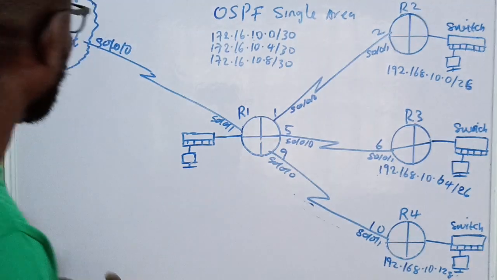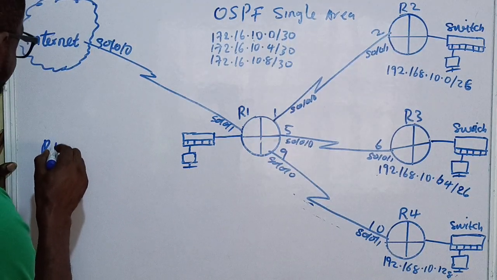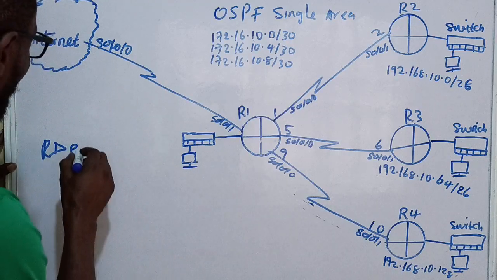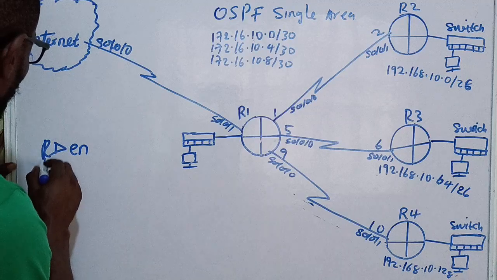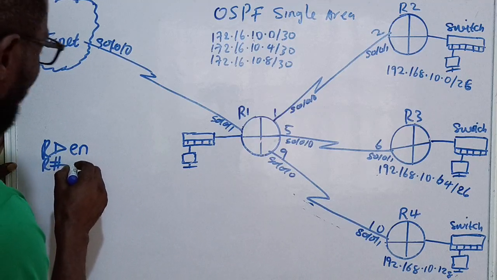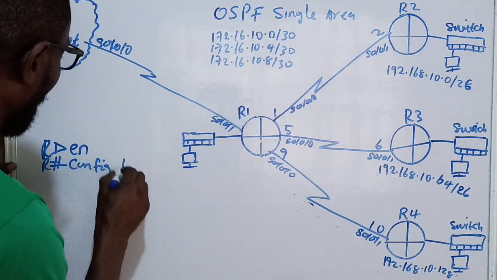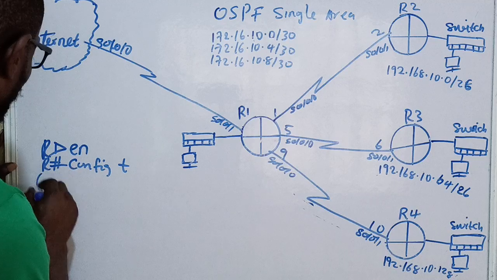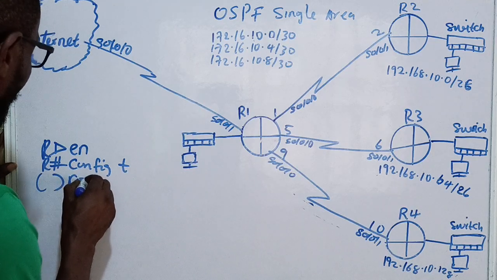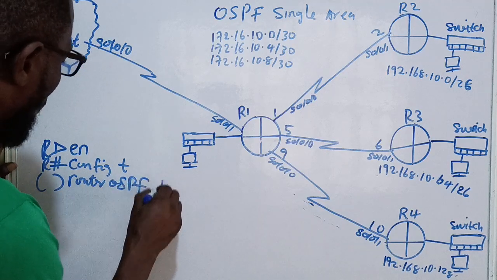And I'll start now. This is the router's user mode. Enable, to come to privilege mode. Configure terminal, or config t for short. You click enter to come to global configuration mode, where you put router ospf 1.